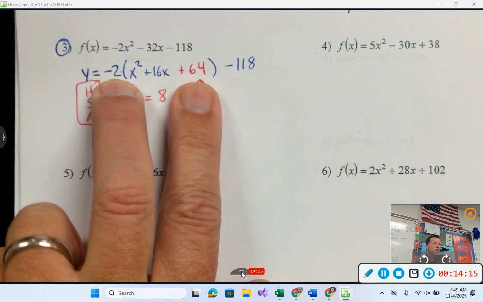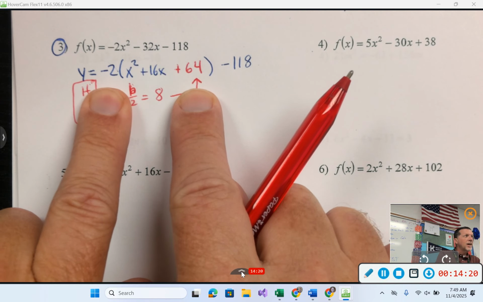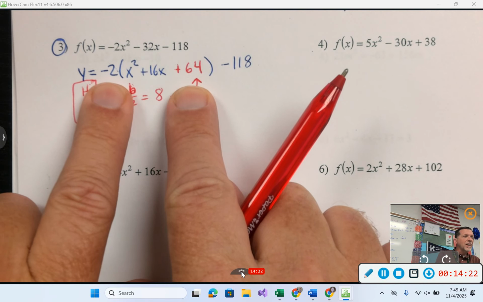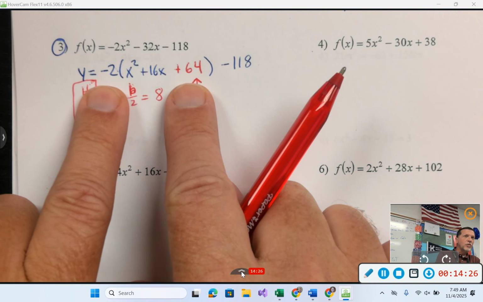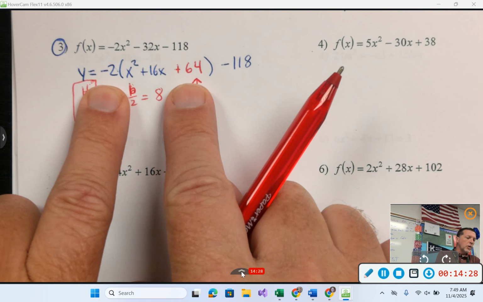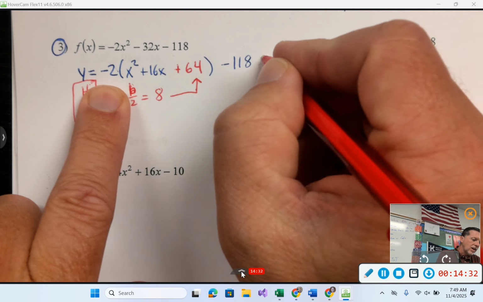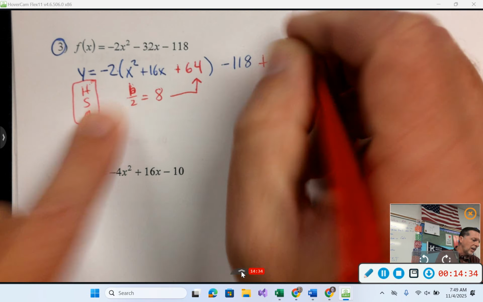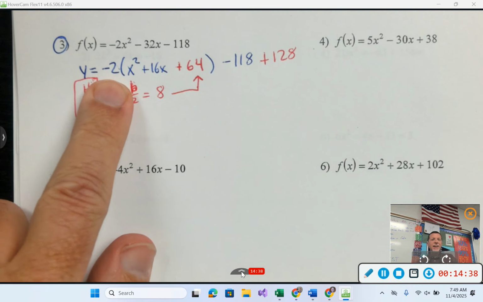So what did I really just do to this side of the equation? I subtracted 128 because of that negative 2. 64 times 2? So what do I need to do to keep things in balance here? I need to add 128. Look, there's a negative 2 out there.